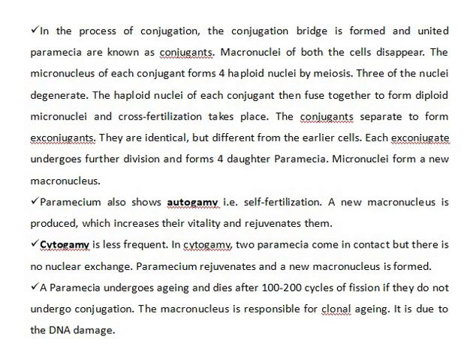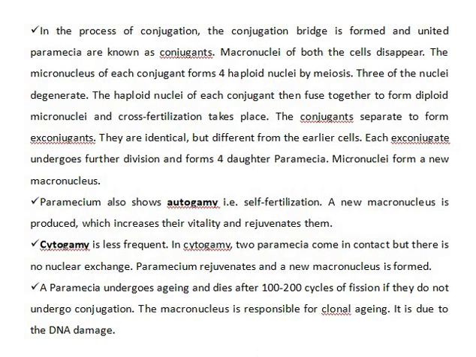In the process of conjugation, the conjugation bridge is formed and the united Paramecia are known as conjugants. Macronuclei of both the cells disappear. The micronuclei of each conjugant form 4 haploid nuclei by meiosis. 3 of the nuclei degenerate.